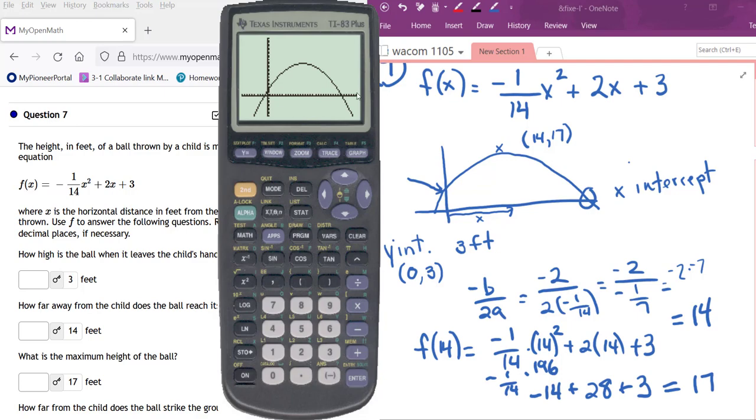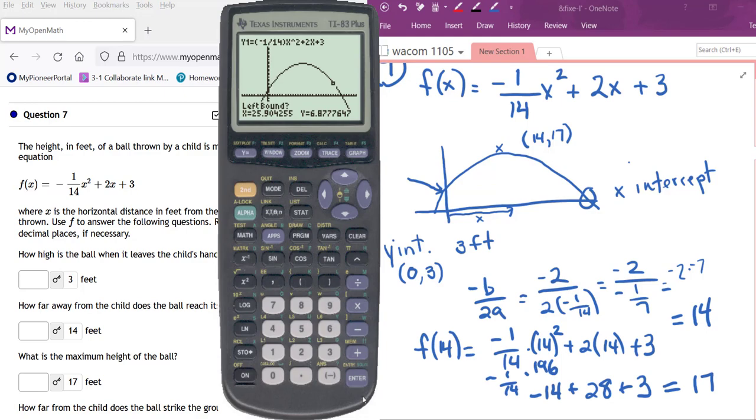All right. And so what I would like to find now on the calculator is this point. That's where it's going to hit the ground. How many feet from where the child threw it? So this will be called a 0. So do second calc. 0 is an x-intercept. So 2. And we want to get over there close to it, but to the left of it to make a left bound.